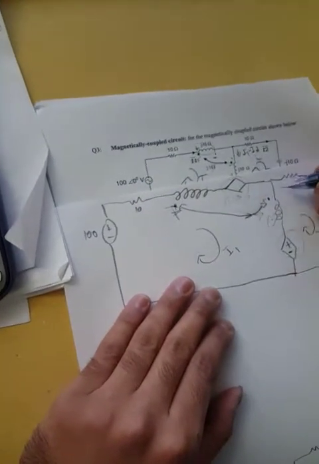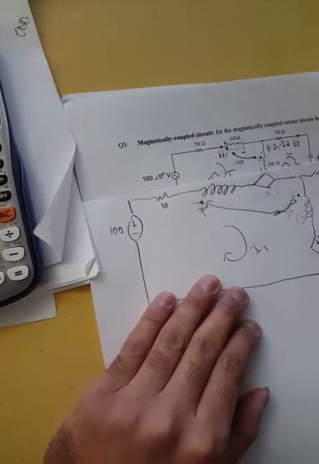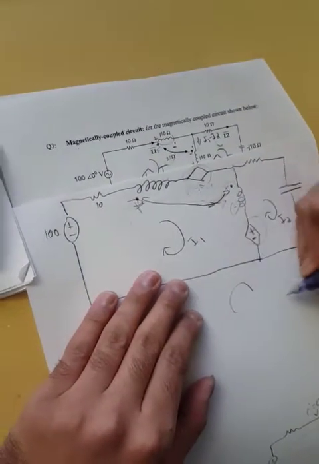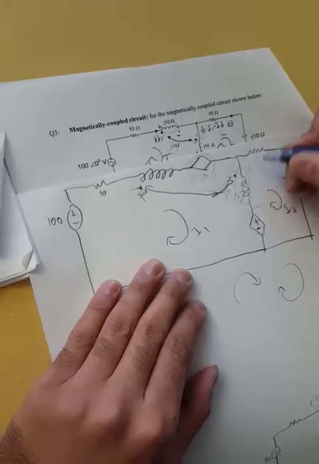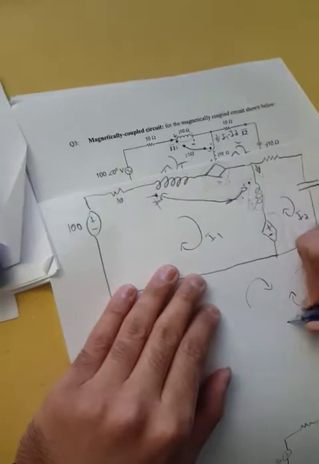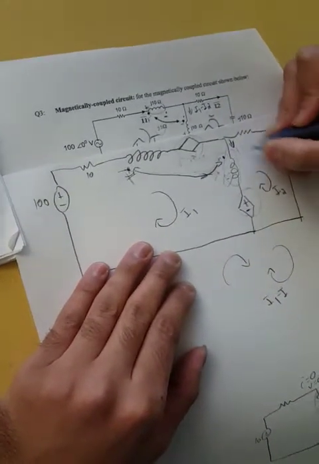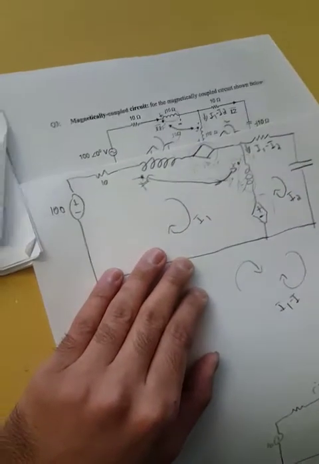So now when we're finding the polarity of this dependent source, you see this I1 is coming like this, and I2 is coming like this, right? And if I say this side is gonna be the plus side, the current going down is gonna be I1 minus I2, because I1 is going in this direction, I2 is going out in that direction. Right. So I1 minus I2. Oh yeah, my bad.